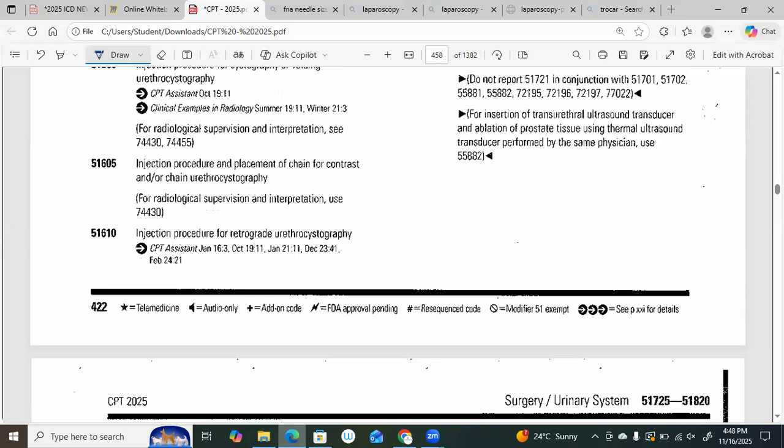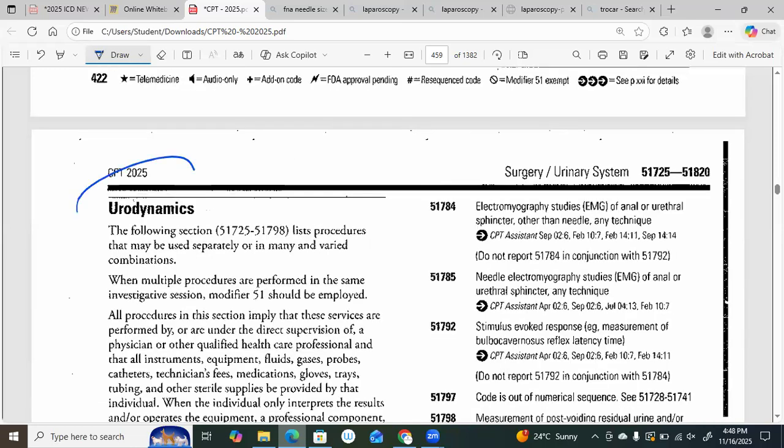Now let's discuss urodynamics. This is an important topic. Can anyone tell me what urodynamics is? What can we represent with urodynamics?